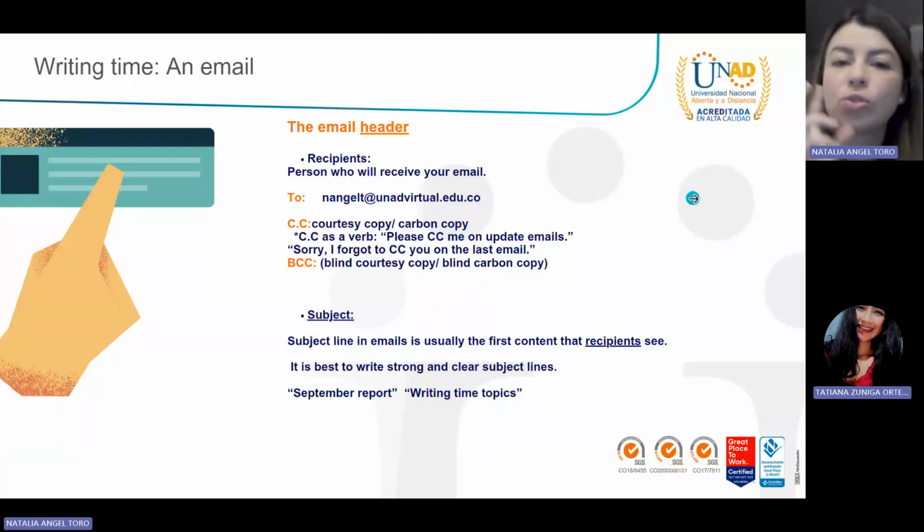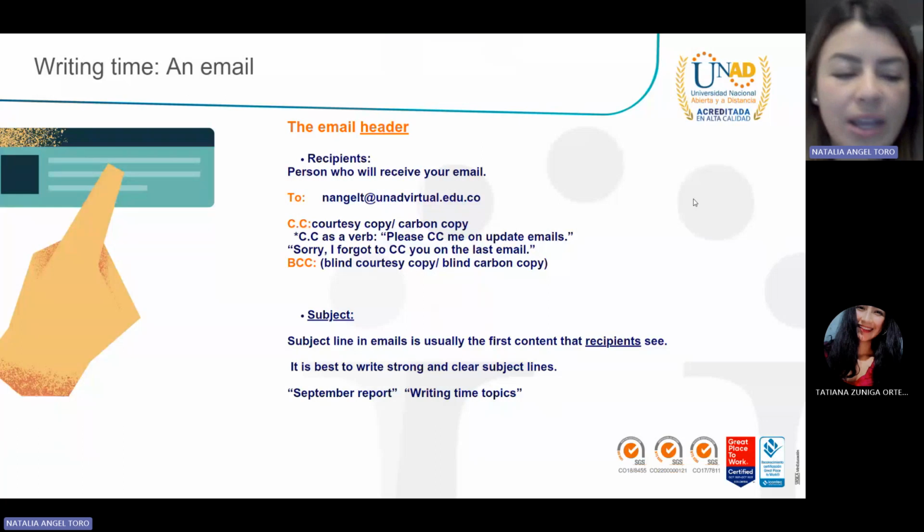So, just to switch your brains and try to practice your speaking skills also. So the person who will receive your email, but also if you check your email or if you remember an email, sometimes they give the chance, la oportunidad, to add, de agregar, a CC address.